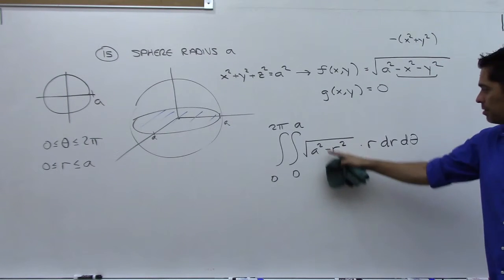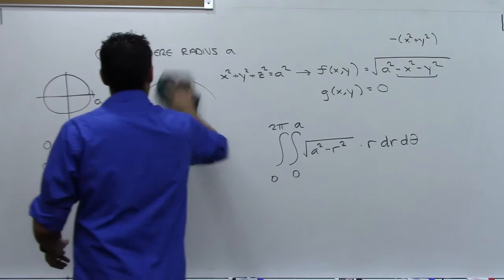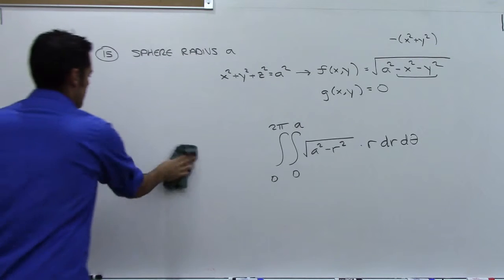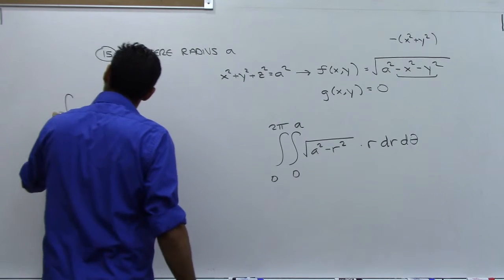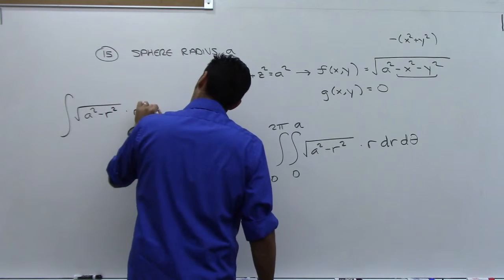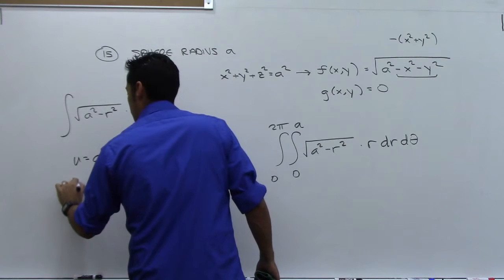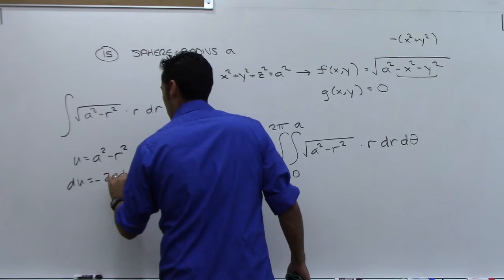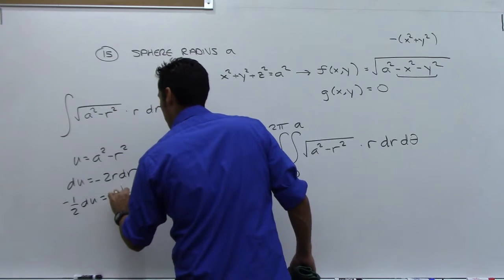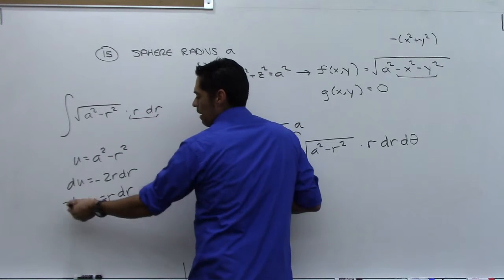If I integrate this with respect to r, I'm just doing the integration over here so you can see it. If I let u be equal to a squared minus r squared, the derivative of that is negative 2r dr, and negative 1/2 du is r dr. So I'm going to replace that with negative 1/2 du.